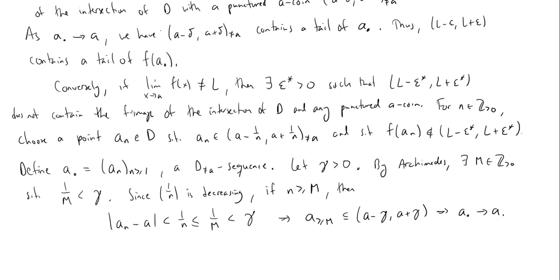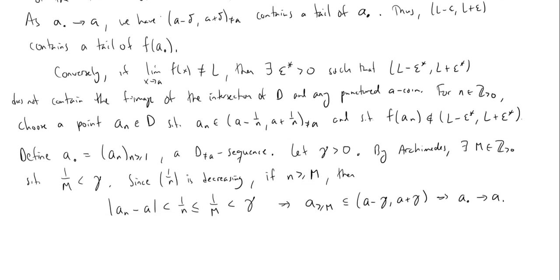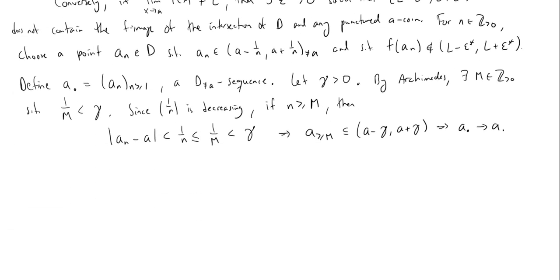What happens to f? Remember, my goal here was to prove the contrapositive form. My goal is to show that if the limit does not equal L, then there exists a D not equal to a sequence a dot that converges to little a, and we found that, such that the f image does not converge to L. But we know for all n, this was our definition, f of a_n is not an element of the L coin of radius epsilon star.